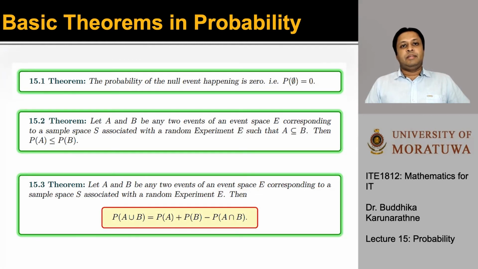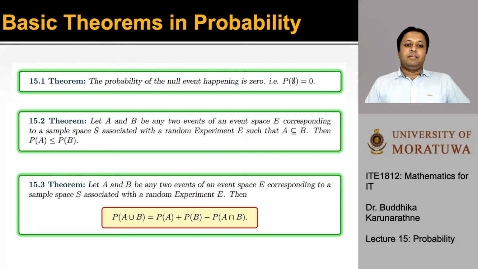Next theorem: let A and B be any 2 events of an event space E corresponding to a sample space S associated with a random experiment E such that A is a subset of B, then P(A), the probability of event A, is less than or equal to P(B) because A is a subset of B.